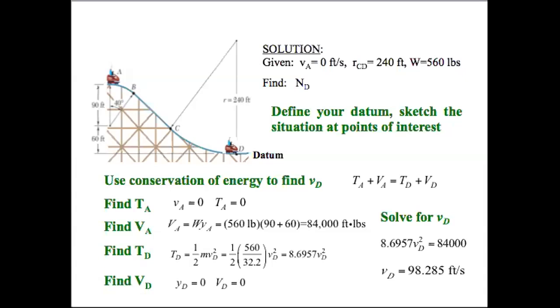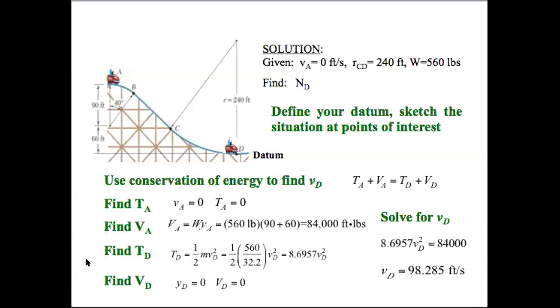We have to find the gravitational potential energy at points 1 and 2. As you can see, at point 1 the kinetic energy is 0, but the gravitational potential energy is 84,000 foot-pounds.